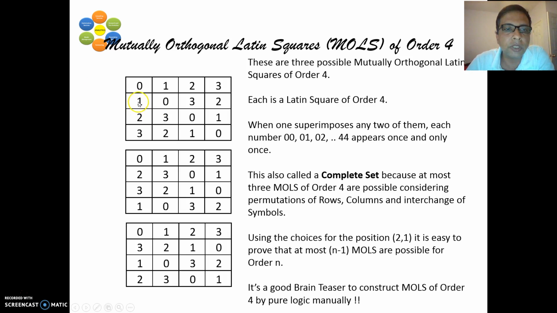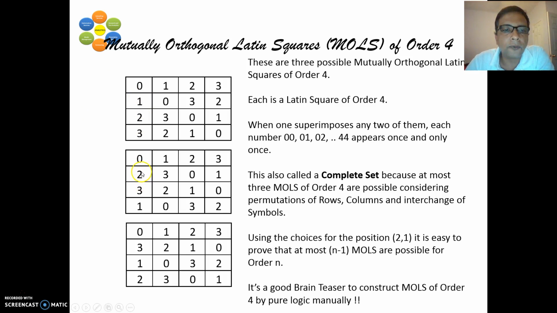If you look at the position, we always start with 0 1 2 3 as the first row. That can be taken as the standard so that we can avoid replications from interchanging the symbols or permuting rows and columns. So we can start the first row with 0 1 2 3, and in the 2 1 position 0 cannot come, so 1 has come here.